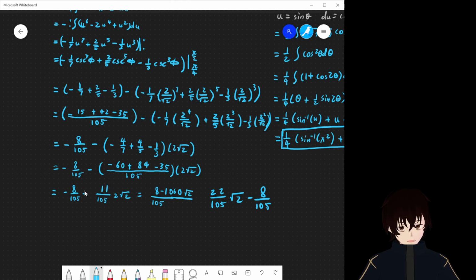Negative 11, so that's a plus, which will lead us to 22 root 2 minus 8 over 105. So that was just a really dumb mistake on my part, writing 2 over 5 as 5 over 2 instead. Otherwise, it's correct.